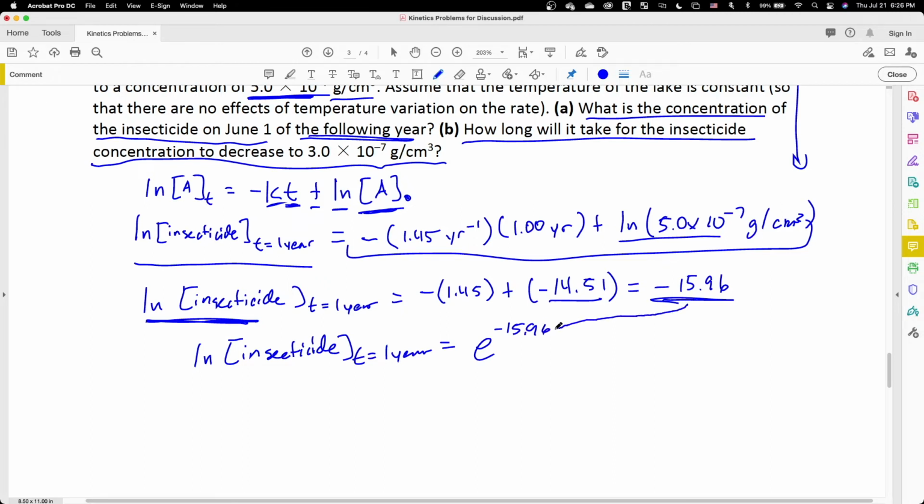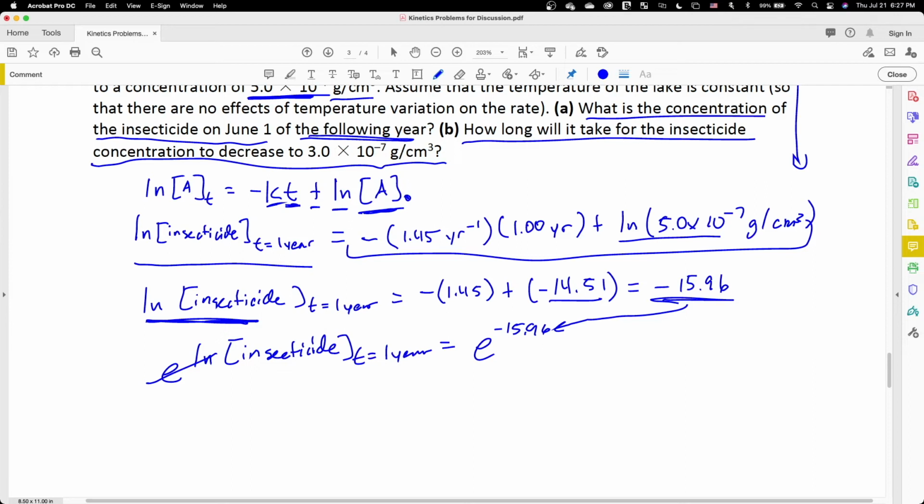So basically I did an e to both sides, okay? And when you do that, you can cancel out the ln's, so you're left with the insecticide at time 1 year equals e to the negative 15.96.